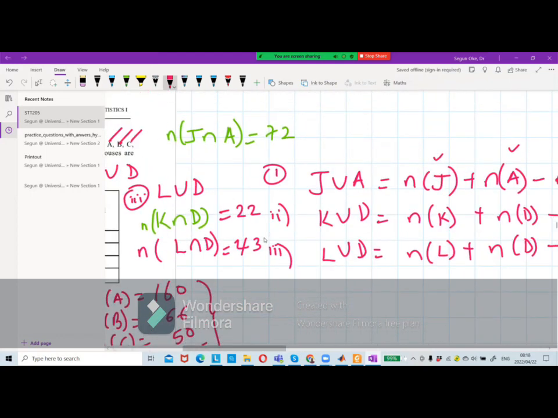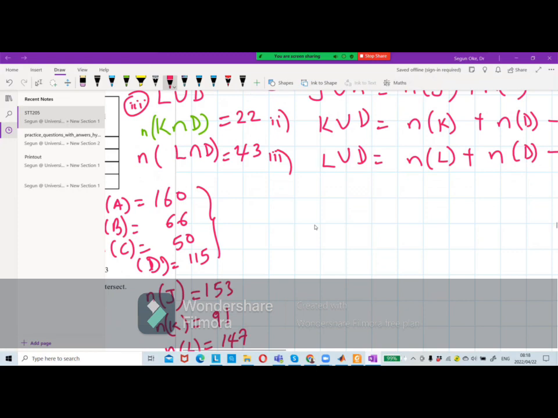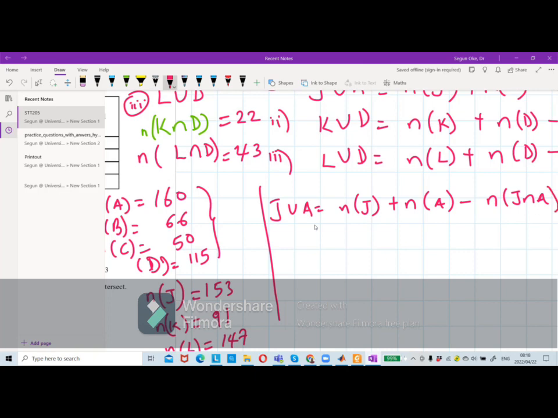So the first question says, let's start from the first question. J union A is the same thing as number of J plus number of A minus number of J intersection A. So what is number of J?